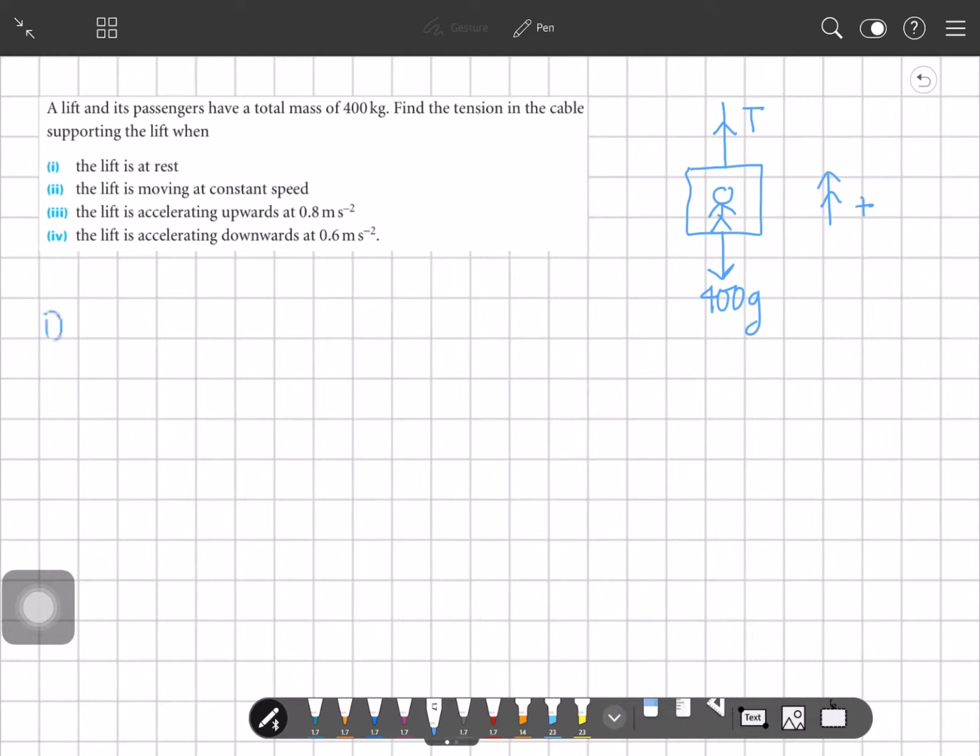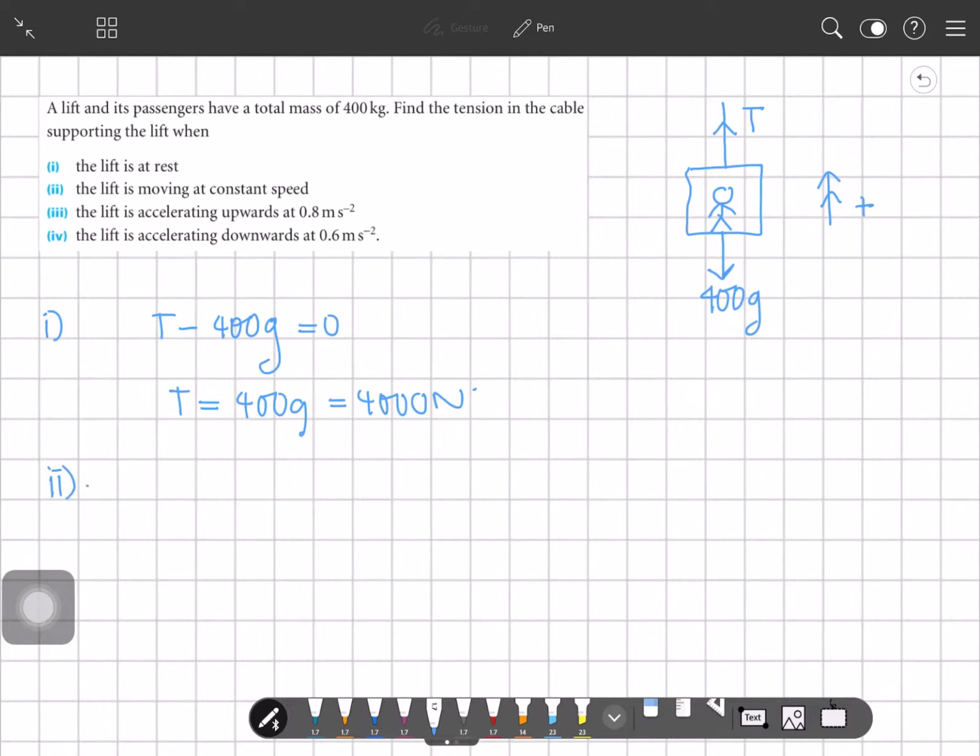then for question A, we can write the equation of force as tension minus 400 g equal to 0, since the lift is at rest. So the tension of the cable is equal to 400 g, or we can write it as 4,000 Newton.